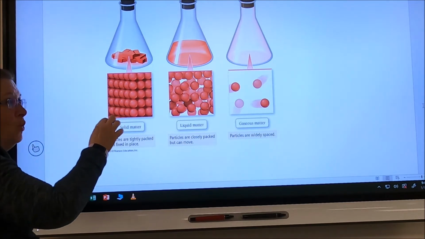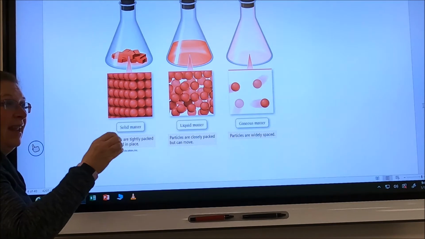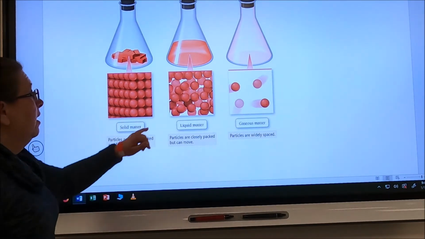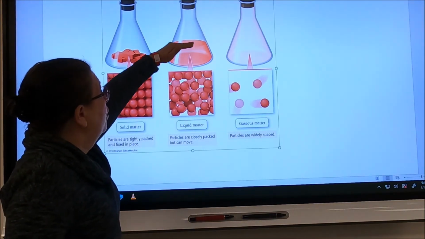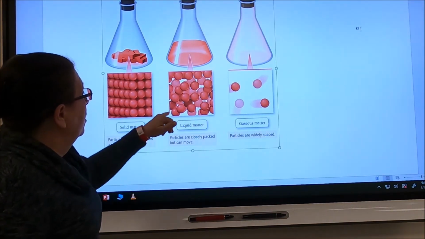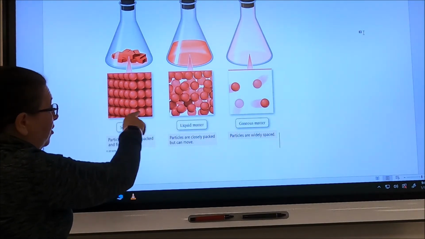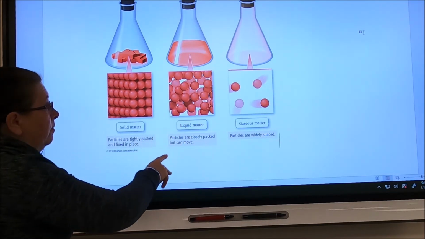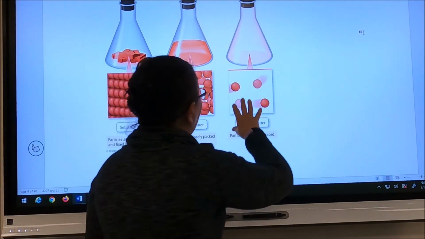Even if I go down to a grain of sand, it is a solid and it's an individual hunk of sand. Liquid, notice that it fills the container up to its volume. The particles are not so tightly packed and they're not as orderly. They're closely packed, but they're moving. Now, if we think about solid, well, I'll talk about that later.